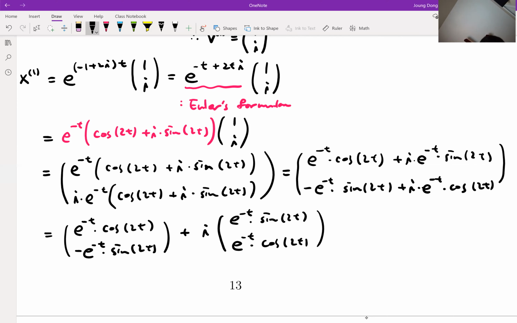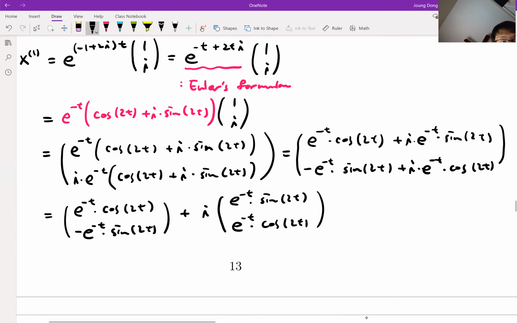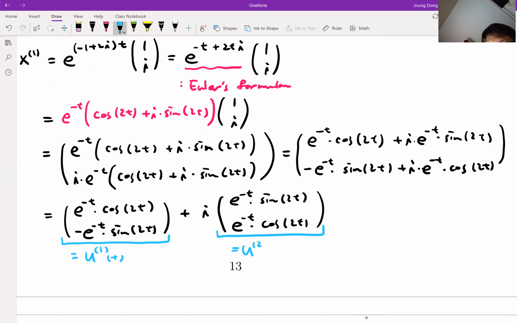So let's say this one is u1(t), and this one is u2(t). I'm going to show that u1 and u2 form a fundamental set of solutions. How can you check it? First of all, you have to double check that these are really solutions of the differential equation.